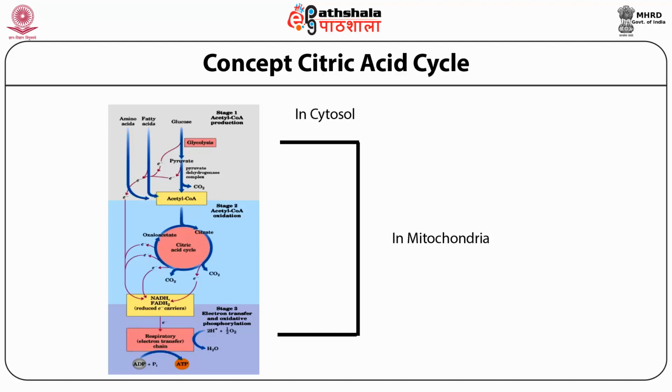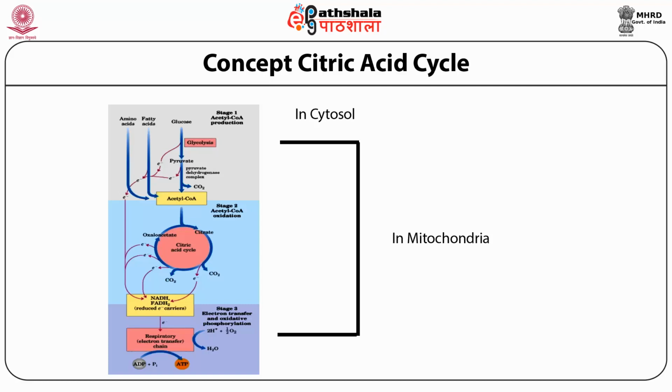If you see in the figure, step 1, acetyl-CoA production, takes place in the cytosol, and it is then transported to the mitochondrial matrix during stage 2, where acetyl coenzyme A undergoes oxidation and enters the TCA cycle.